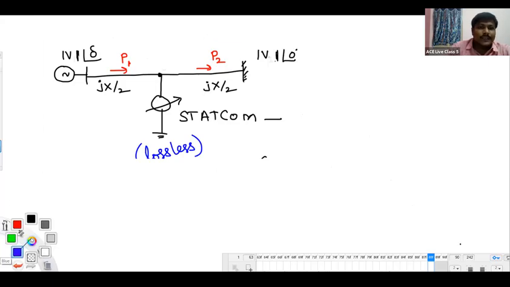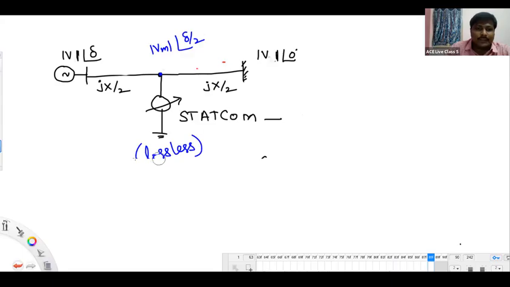This point voltage we already calculated as mod Vm at an angle delta by 2. And this is some real power flow P1, and this is some real power flow P2. And this is a STATCOM, lossless, midpoint compensated.